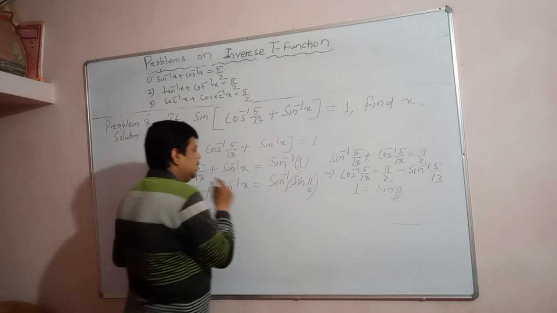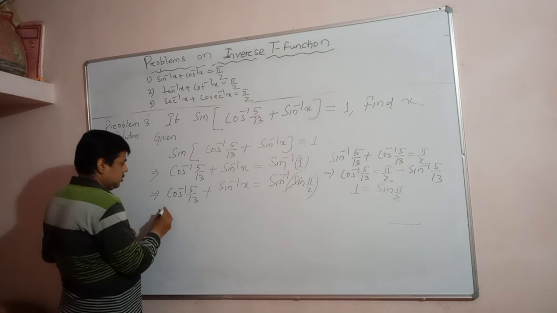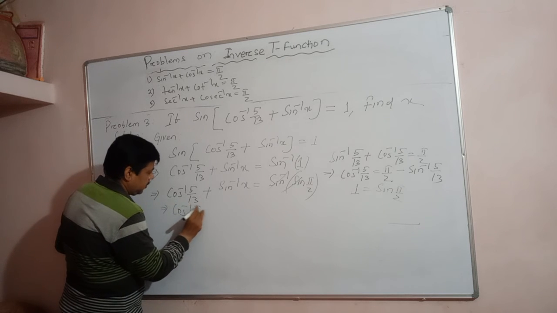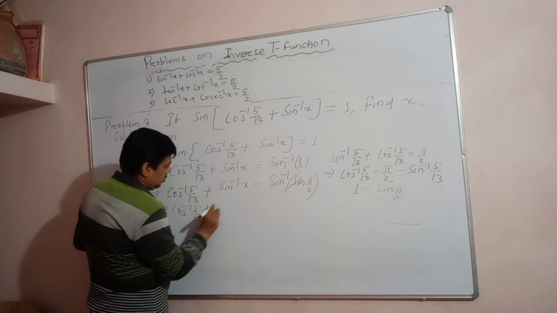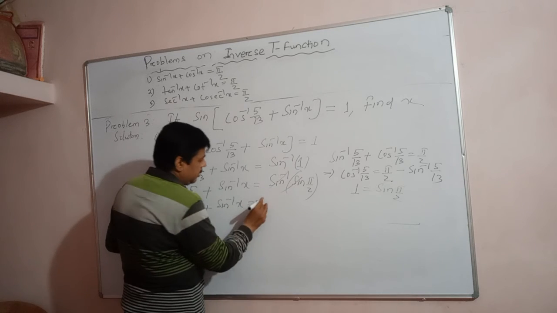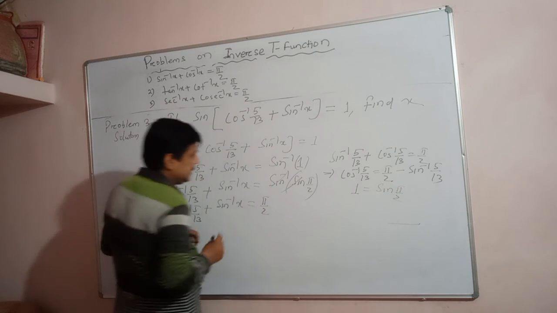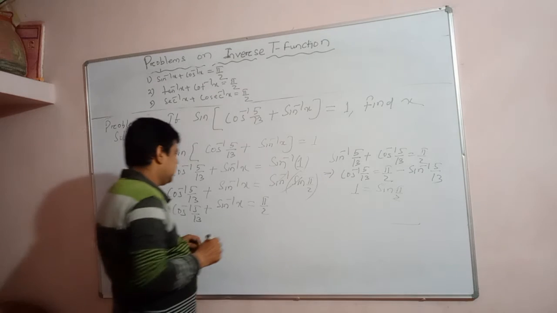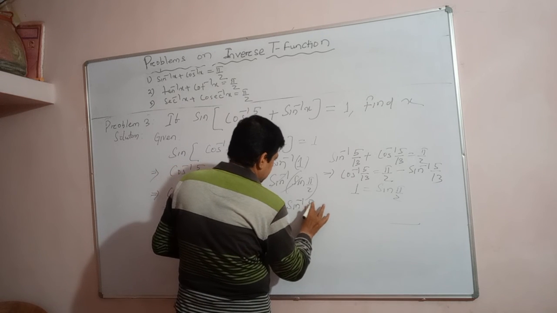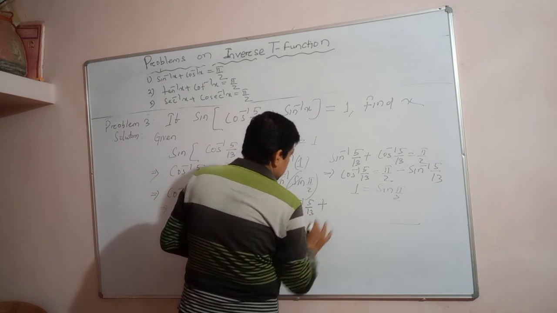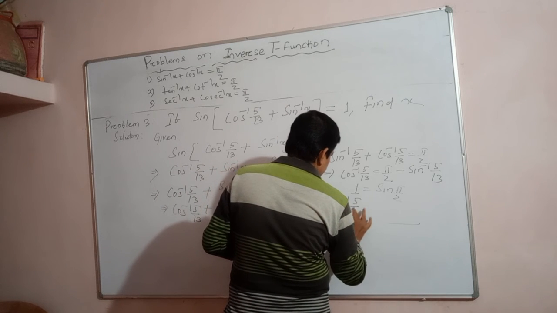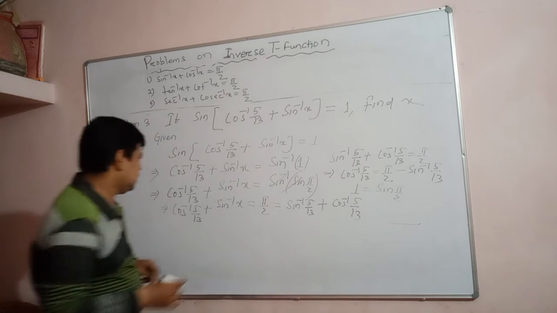So sine inverse is cancelled. So cos inverse of 5 upon 13 plus sine inverse of x is pi by 2. In place of pi by 2, I can write sine inverse of 5 upon 13 plus cos inverse of 5 upon 13.